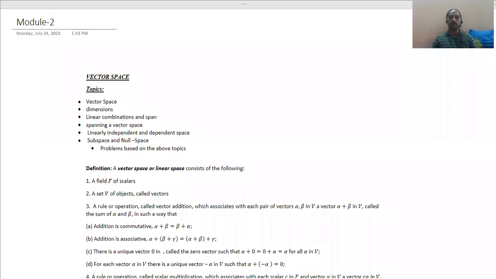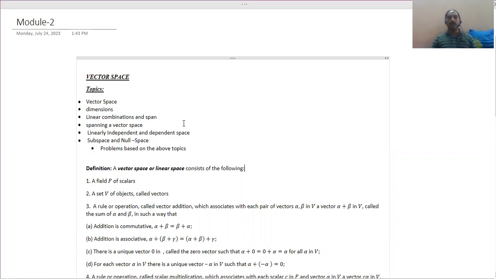So what is a linear space? Linear combination means just a sum with scalar multiples of the vectors.